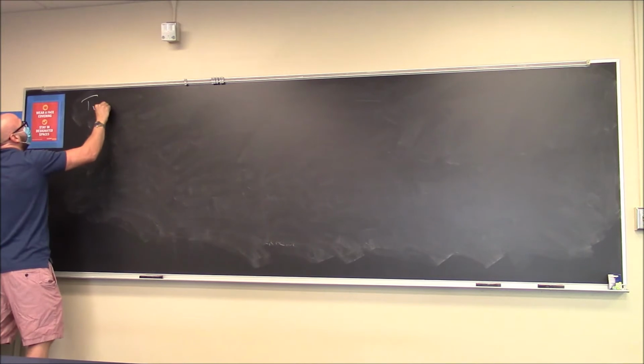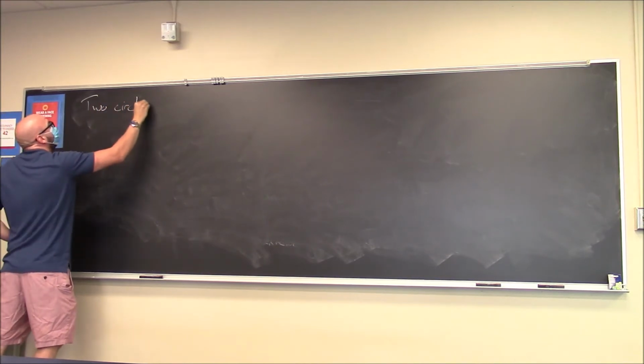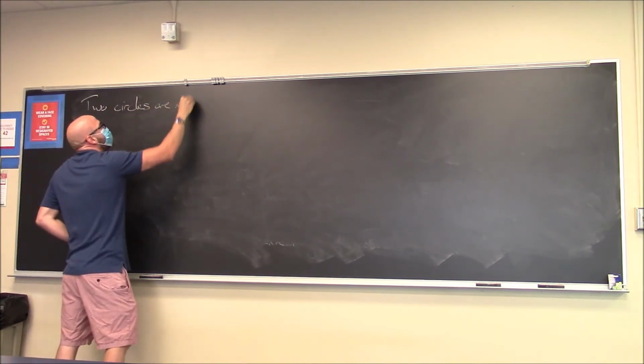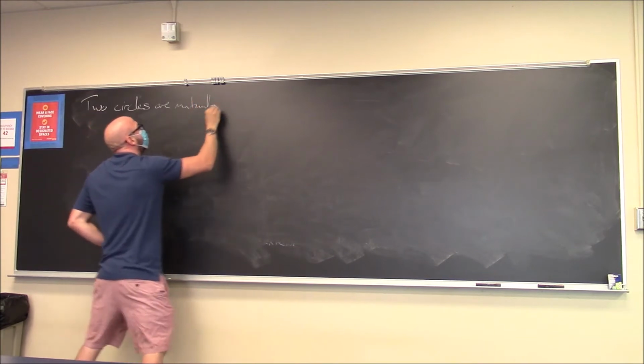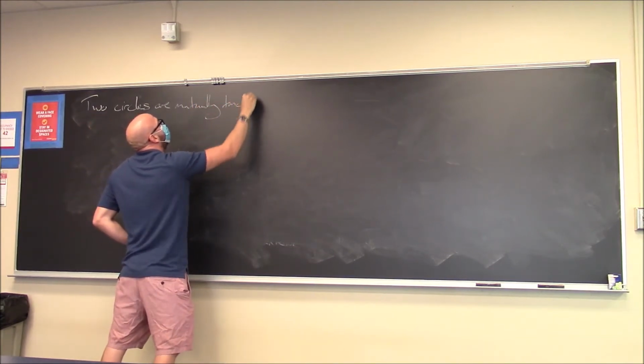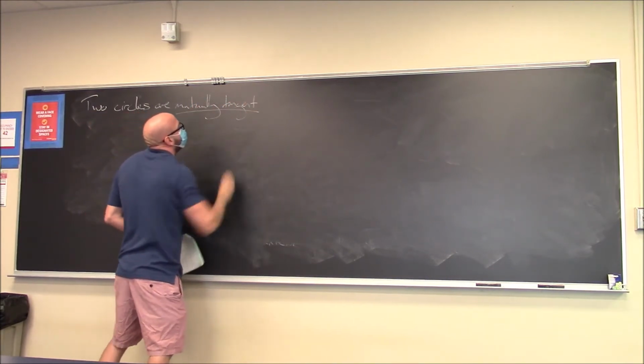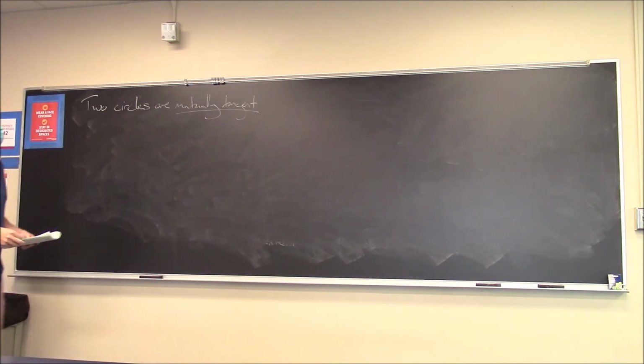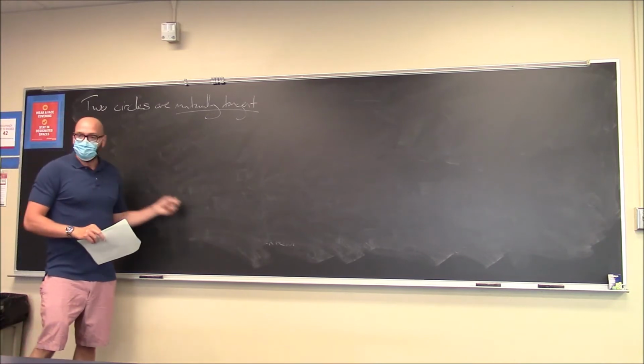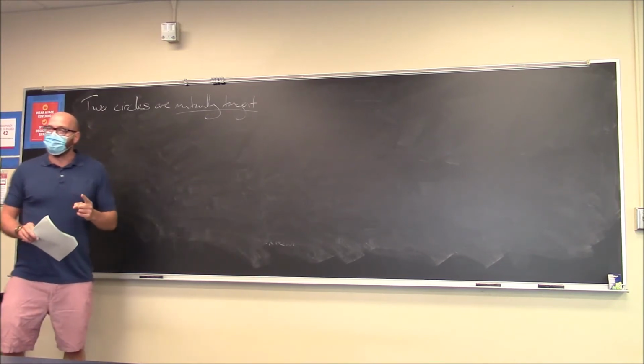So, 2 circles are said to be mutually tangent if they sort of share the same tangent line. An easier way to think about it is 2 circles are mutually tangent if they meet at exactly 1 point.